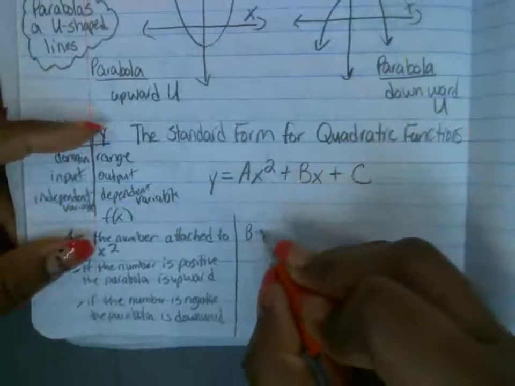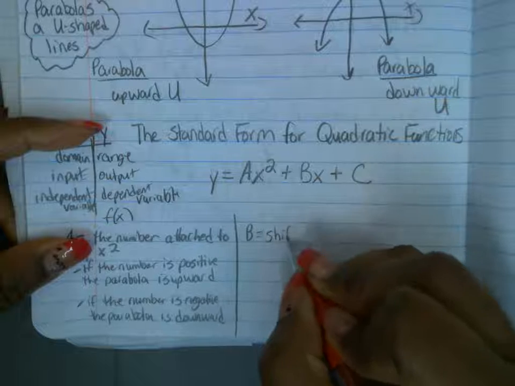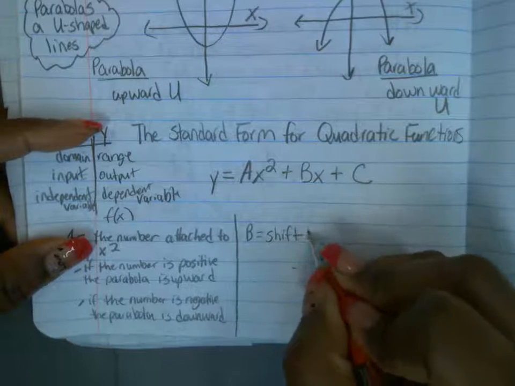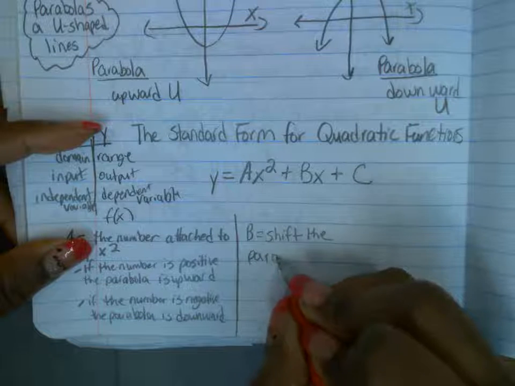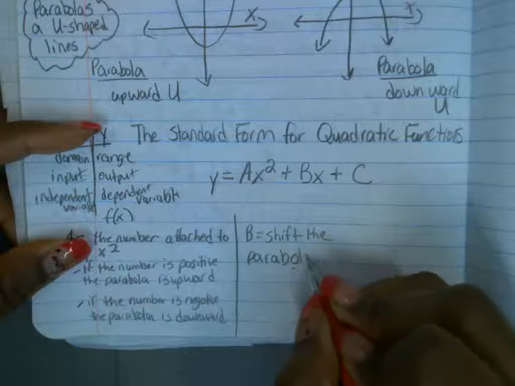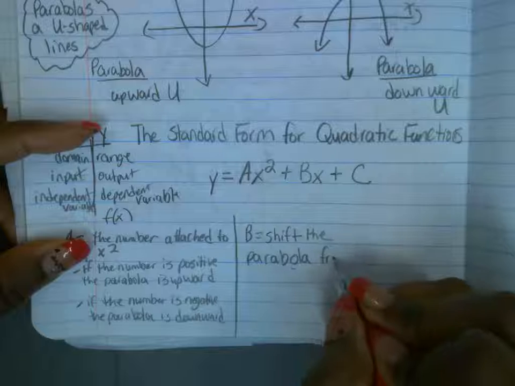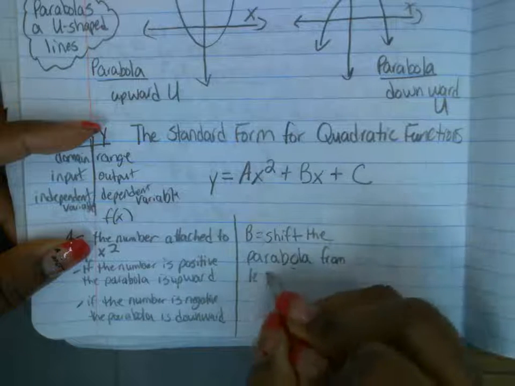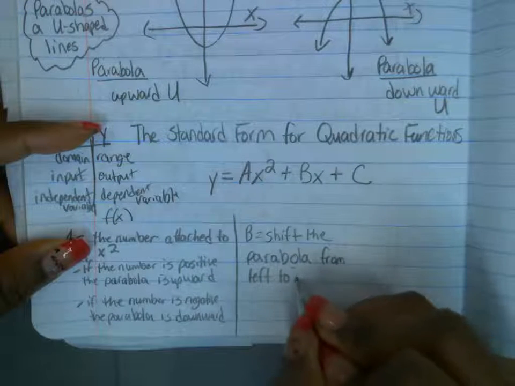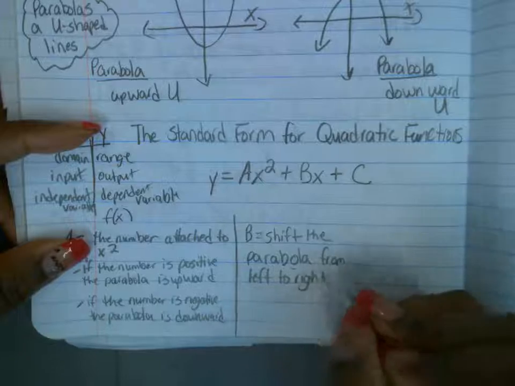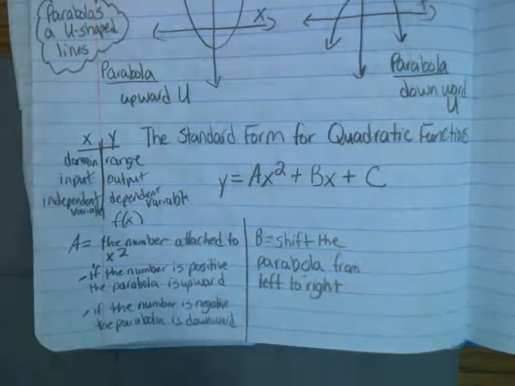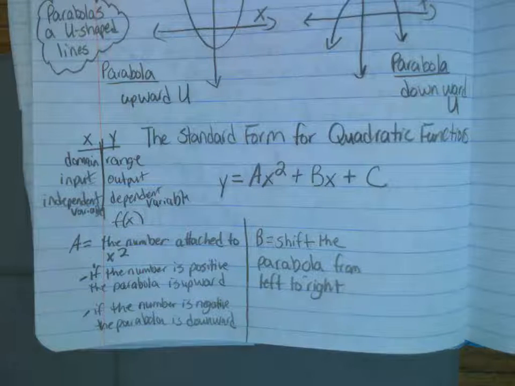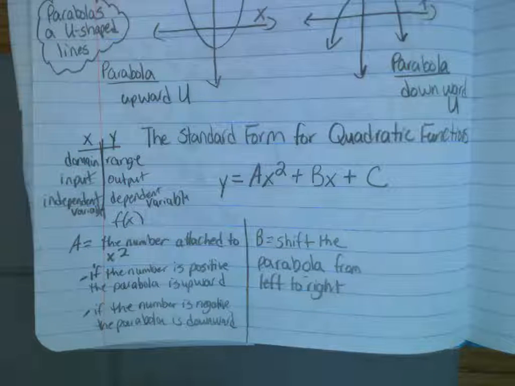It's going to shift the parabola from left to right. That's what this middle number will do. Either shift it to the left or to the right. That's what that number does.